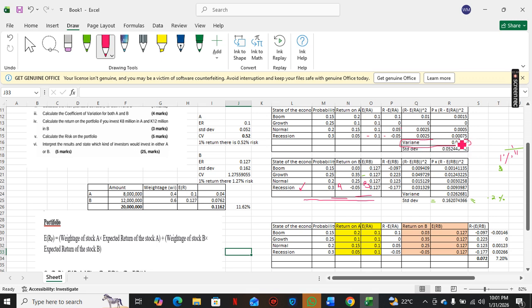The variance for investment A, here it is. When we're calculating the individual standard deviations, or whatever standard deviation you have, just square it. Okay? So 0.00275.